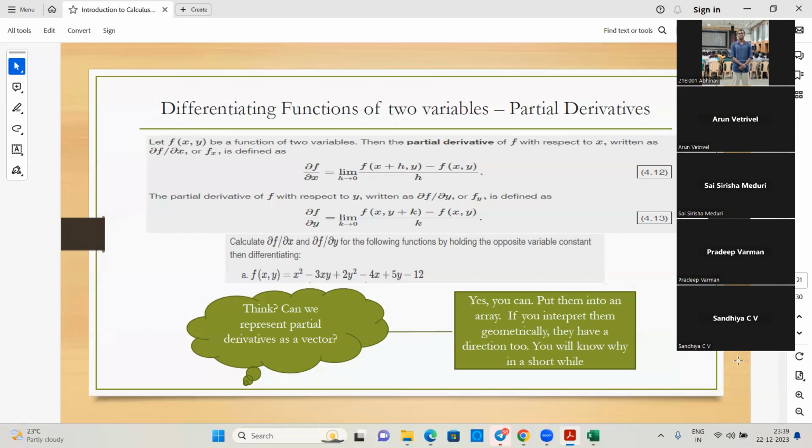There's also a geometrical interpretation of vectors. You can think of partial derivatives as a vector from both perspectives, as an array of two numbers, and there is a geometrical interpretation too.